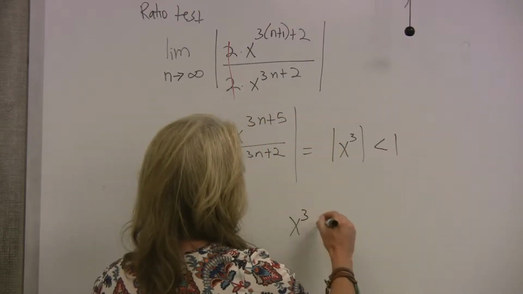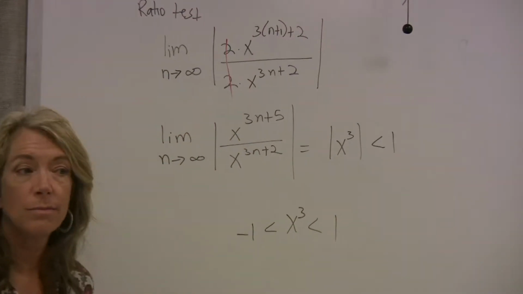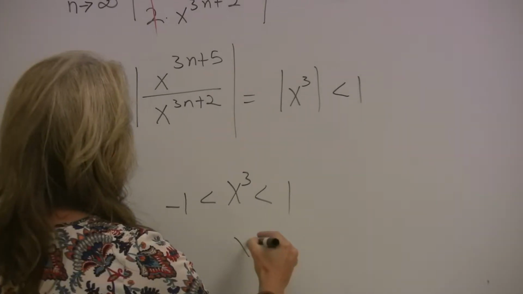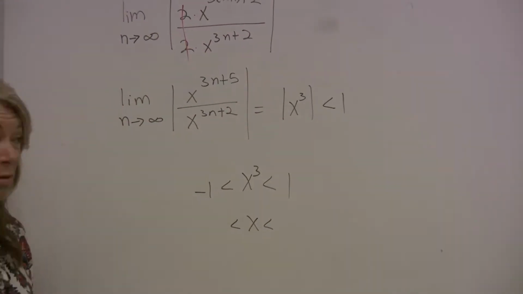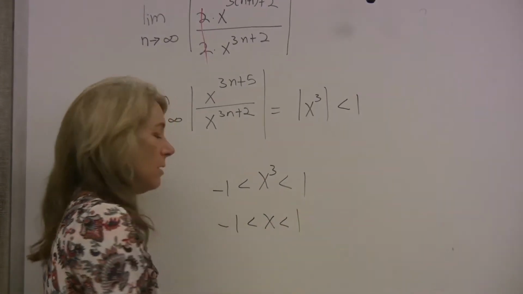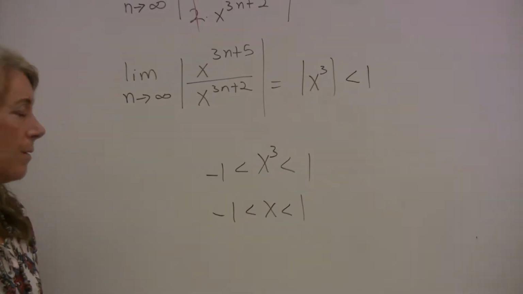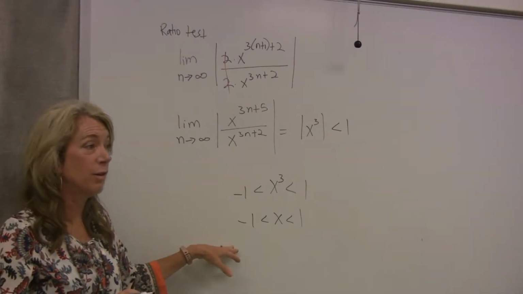So I need x cubed to be between -1 and 1, which means that x has to be between the cube root of -1, still -1, and the cube root of 1, which is 1. So that's the beginning part of my interval of convergence.